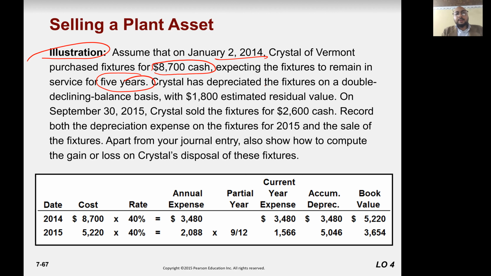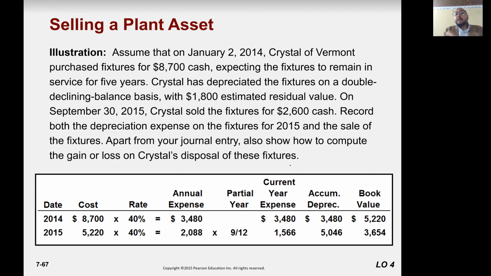Crystal has depreciated the fixture on a double declining basis with 1,800 estimated residual value. On September 30, 2015, Crystal sold the fixture for 2,600 cash. Record both depreciation expenses on the fixture for 2015 and the sale of the fixture. Apart from your journal entry, show how to compute the gain or loss on Crystal's disposal of the fixture.